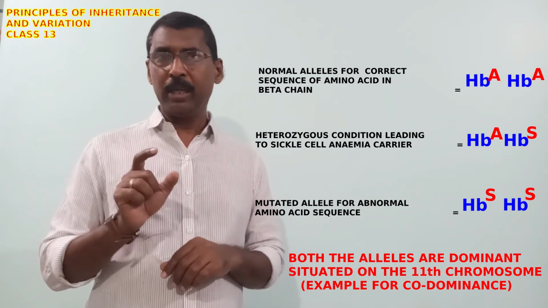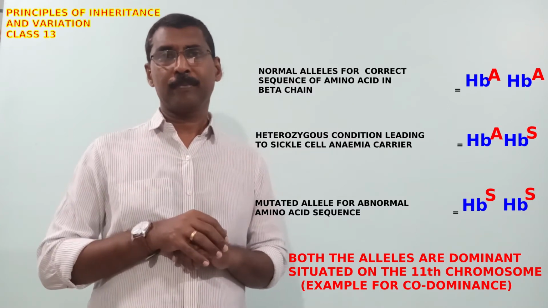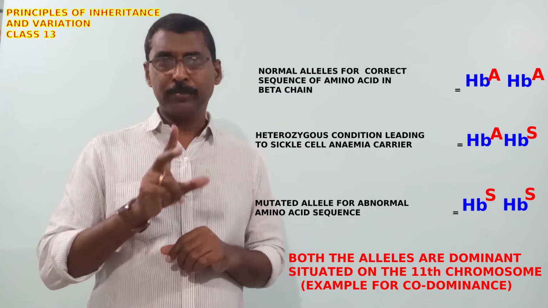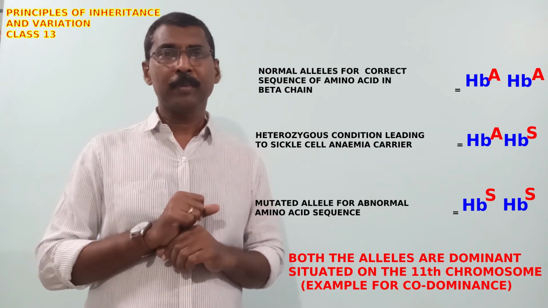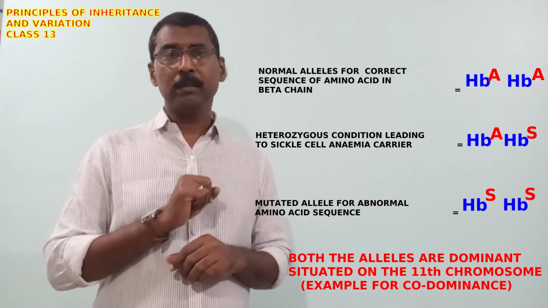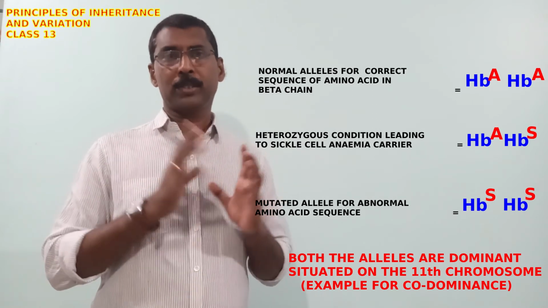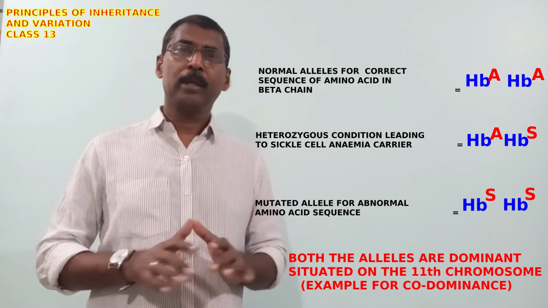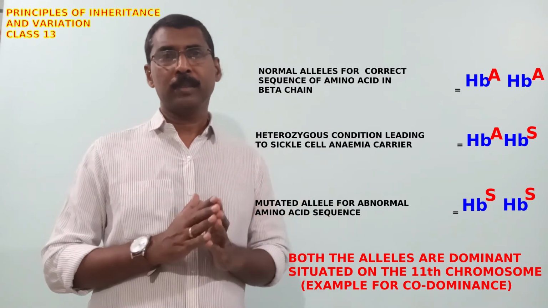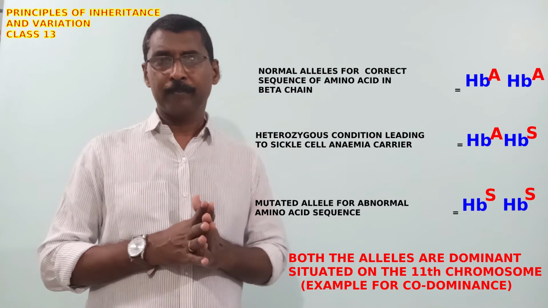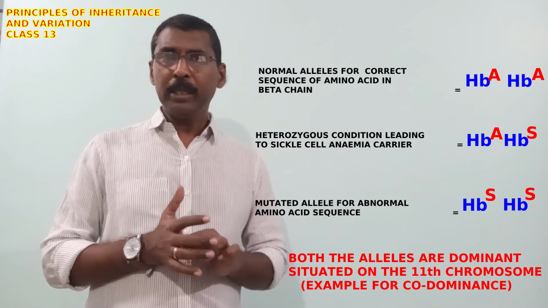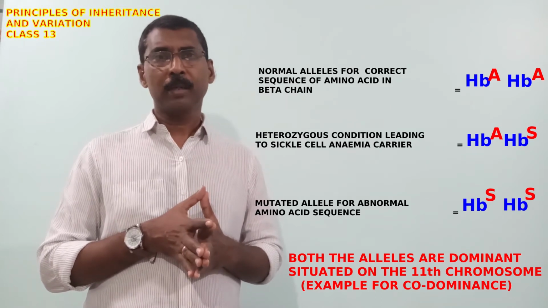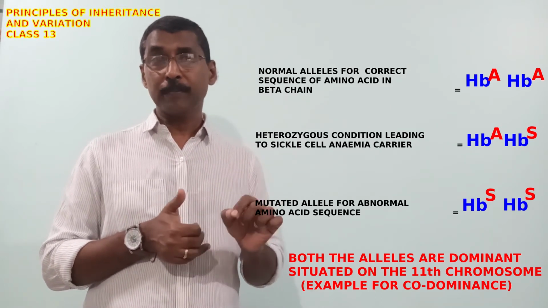So, two alleles should be there, a pair of factors, as Mendel told. HbA HbA denotes a normal person, and he or she produces normal beta chain, normal hemoglobin. HbA HbS is a heterozygous condition. What is HbS?